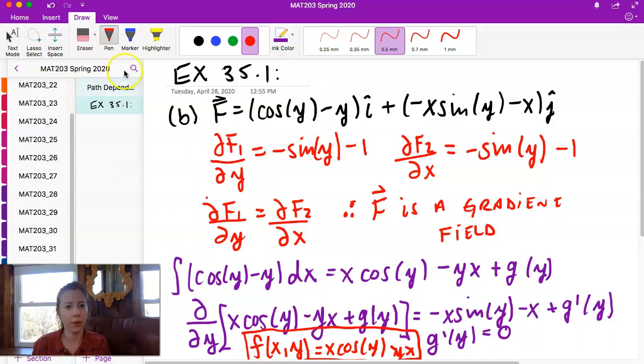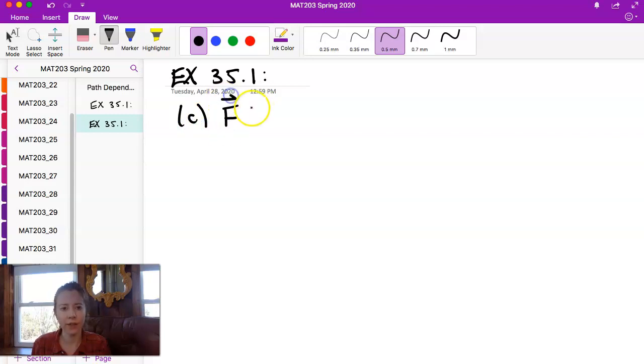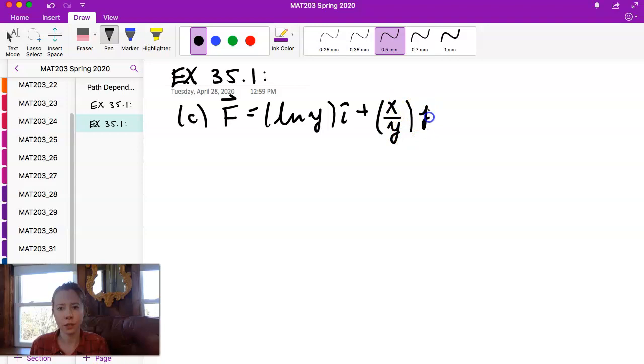Let's look at one more. For this one, our field F is equal to the natural log of y i hat plus x over y j hat.